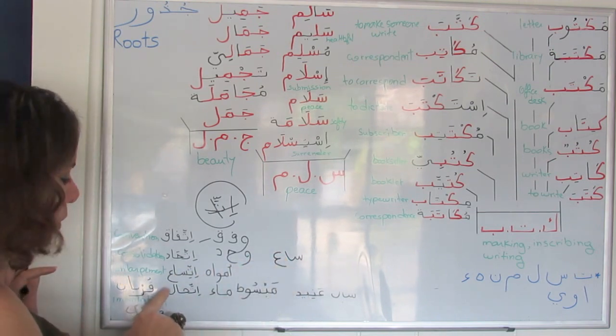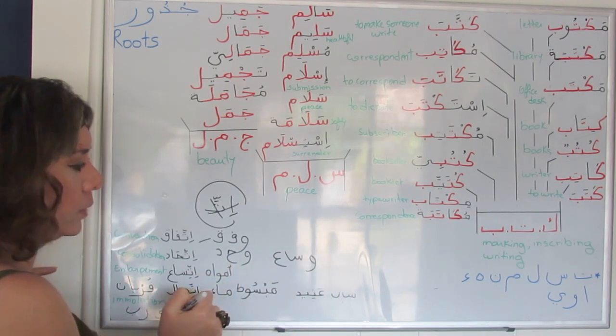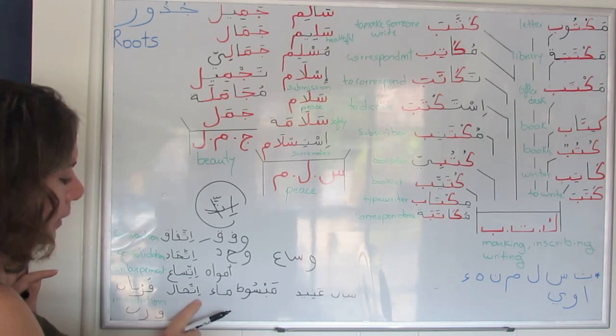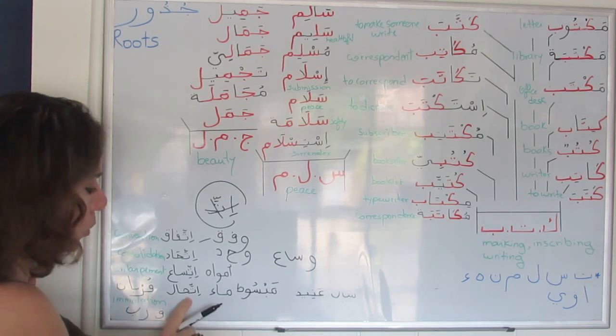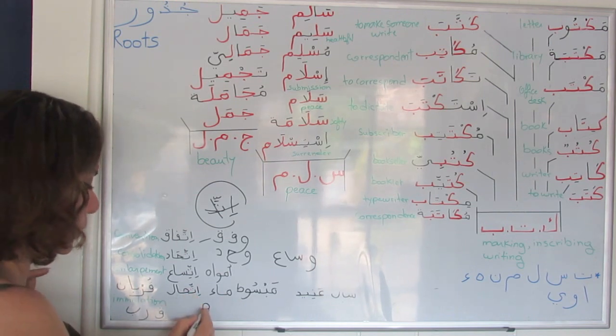So what do we do? Wasi'a, the wasa'a is the root with the waw. Here again, ittisal, you get rid of the prefix. We have sad and lam.